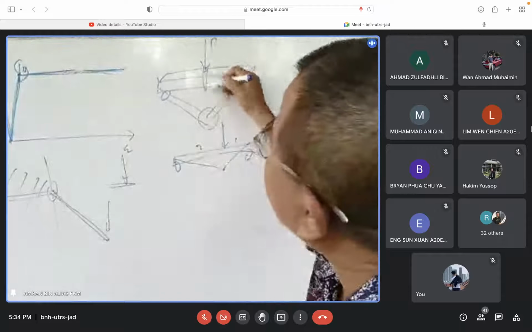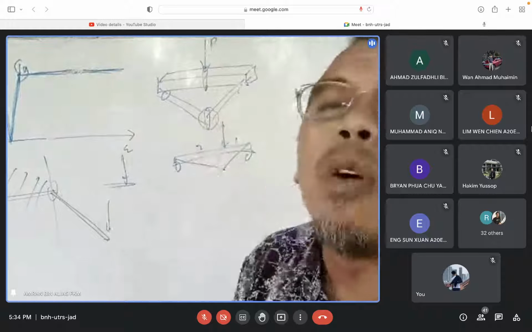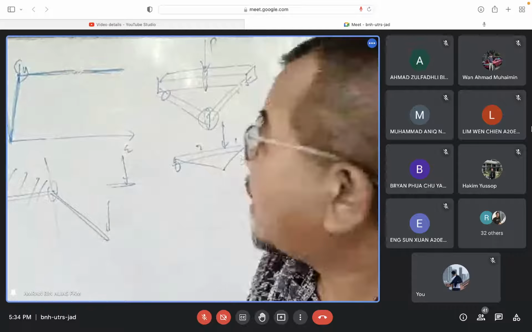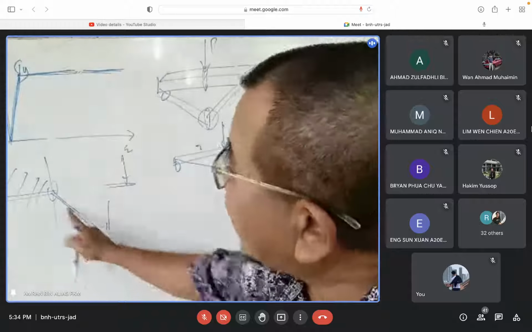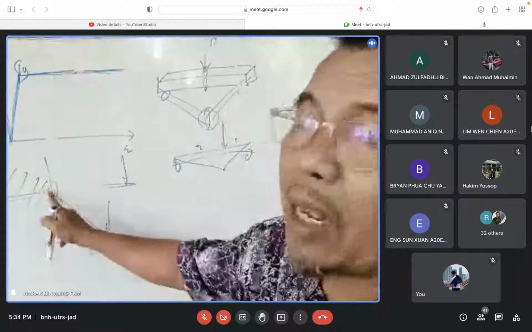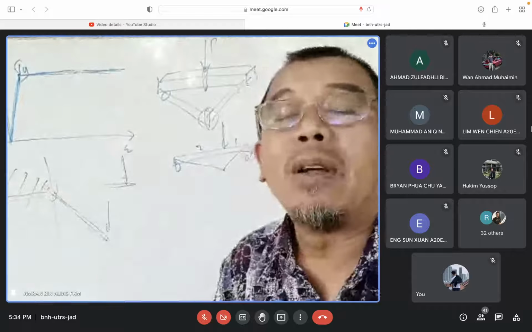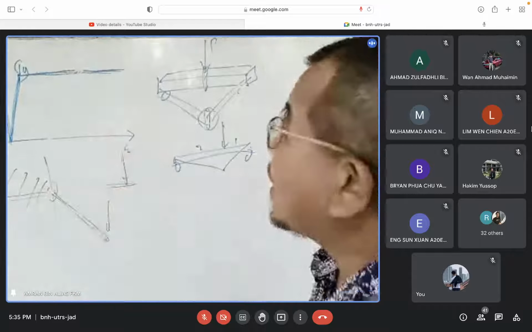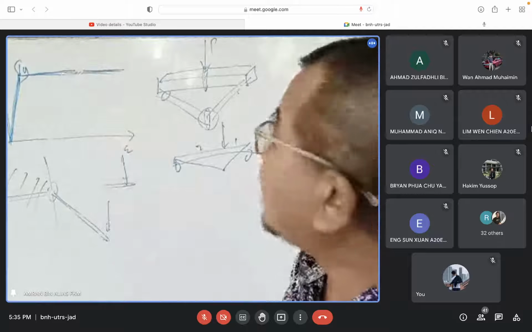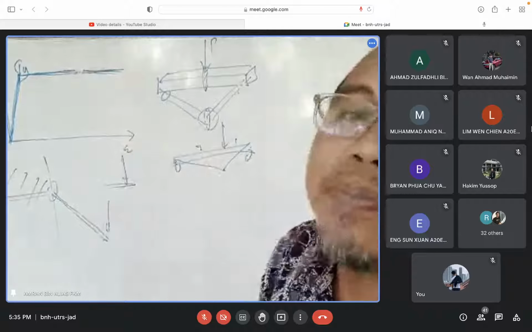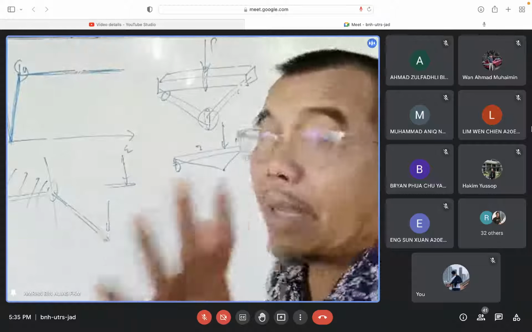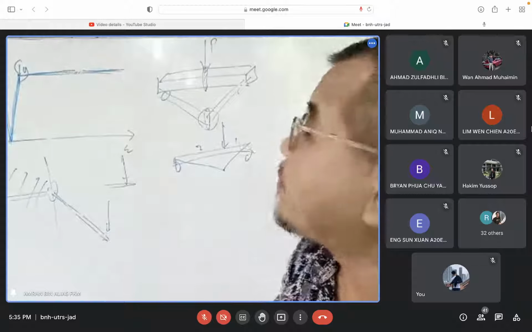Whatever is happening, the highest moment will be there. All the hinge of the bending will be happening there at the highest moment. So those are the main points that we have to understand.